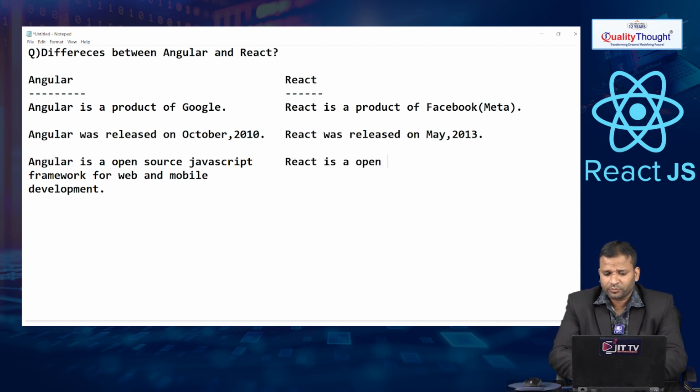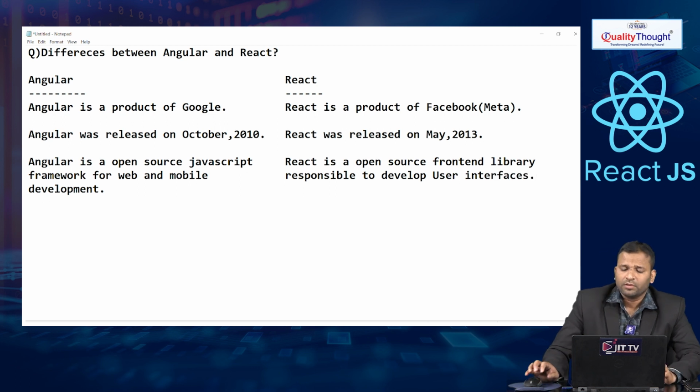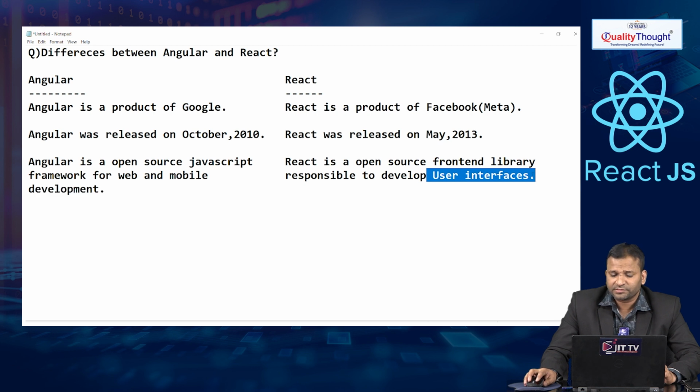React is an open source front end library responsible to develop user interfaces. Whenever you want to develop user interfaces, meaning forms, headers, footers, that time we need to go for React.